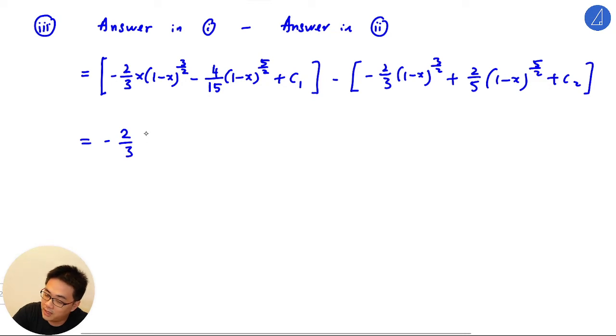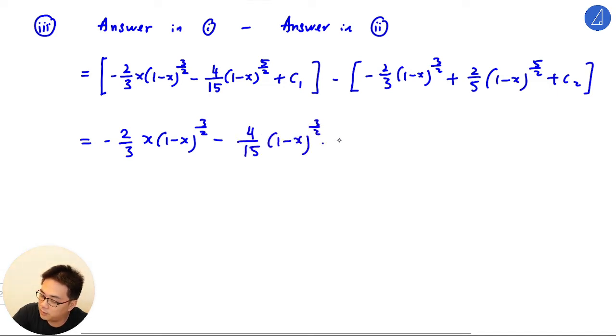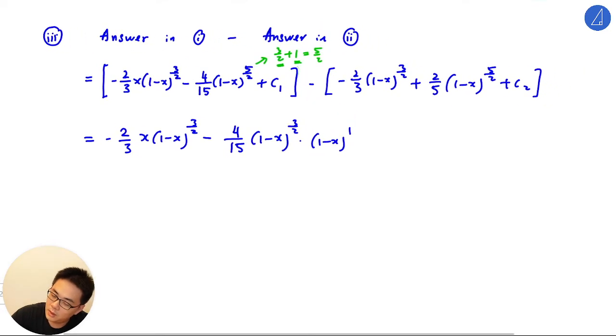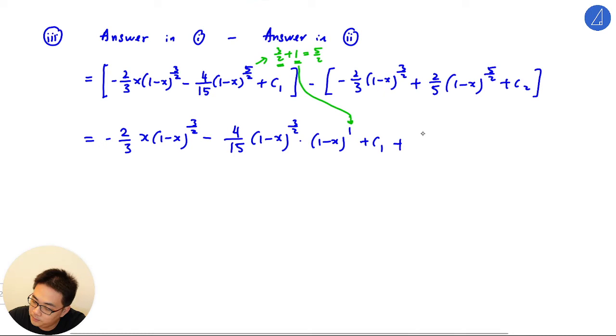I will suggest bringing out the minus x 3 over 2, 1 minus x 3 over 2. Because for this guy here, I need to force a 3 over 2. So I know 3 over 2 is equal to 5 over 2. Then same thing, I'm just going to factorize the 3 over 2 out.